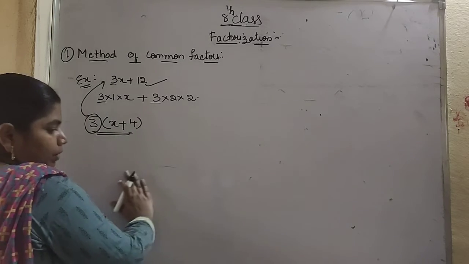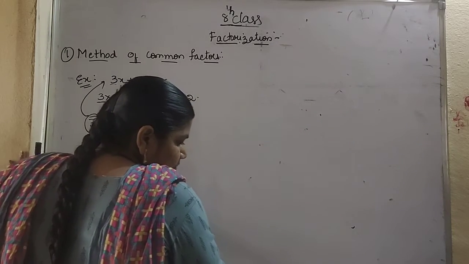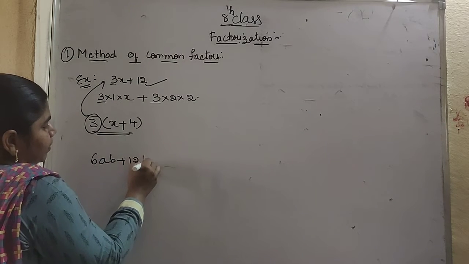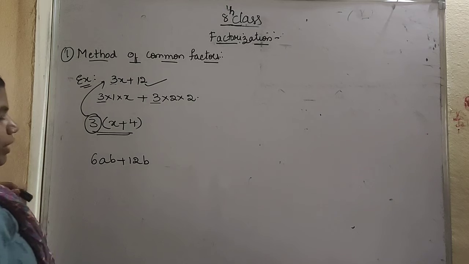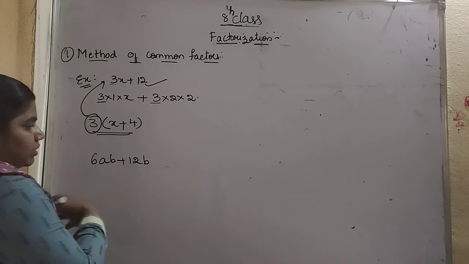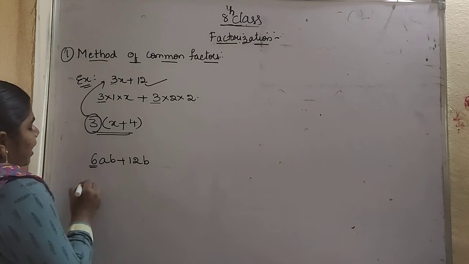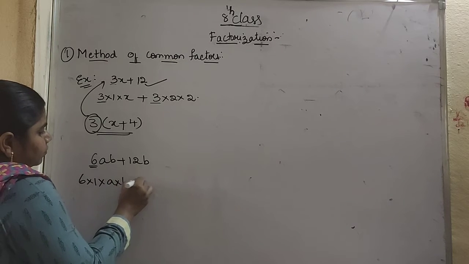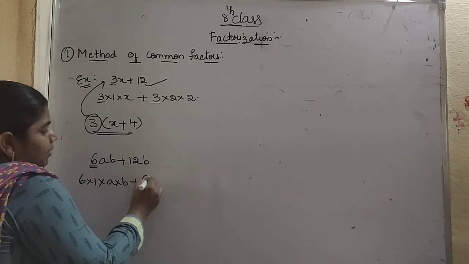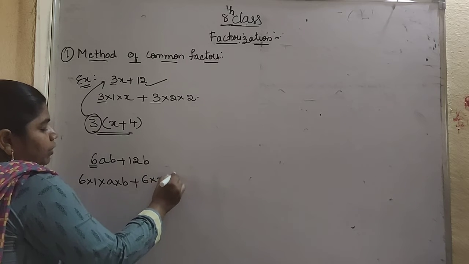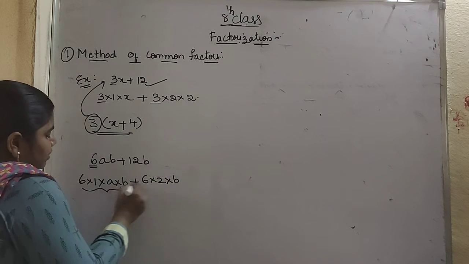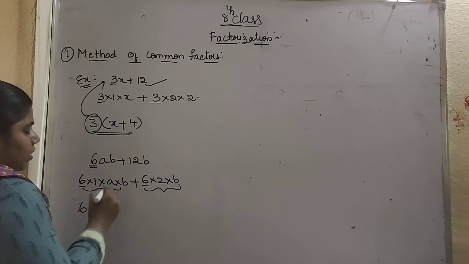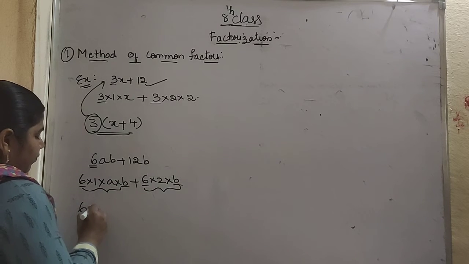One more example we will take: 6ab plus 12b. From this we have to take out the common factors. This 6ab can be written as 6 into 1 into a into b, plus 12b can be written as 6 into 2 into b. What are the common terms in these two terms? 6 is common and b is common.